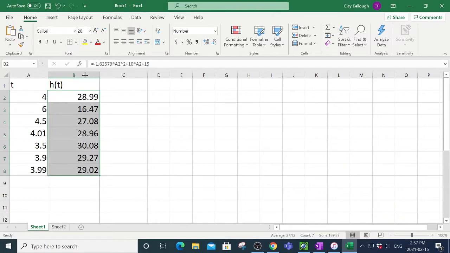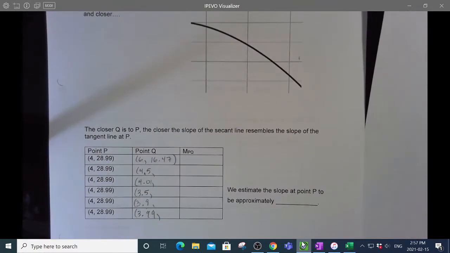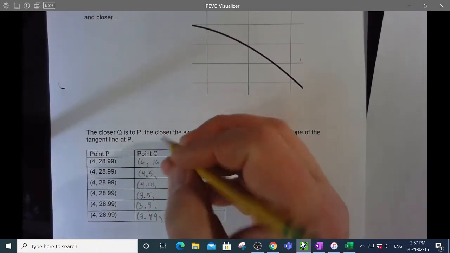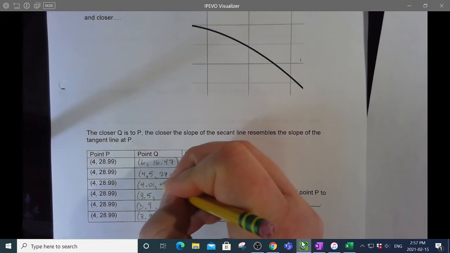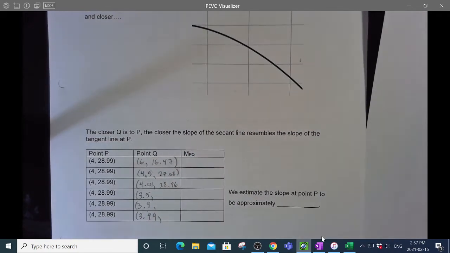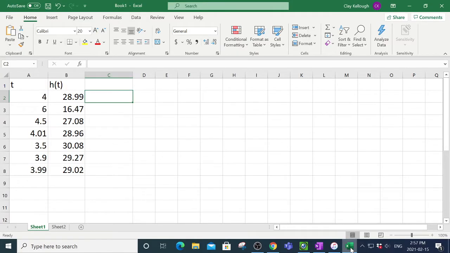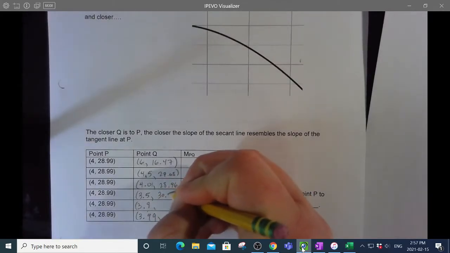for this chart here. So I can fill in the numbers here. So I got, let's see, 4.5 was 27.08, and 4.01 was 28.96, and 3.5 I didn't write down, so let me see, 3.5 is 30.08.